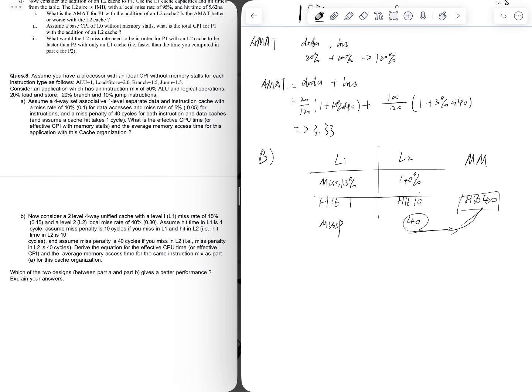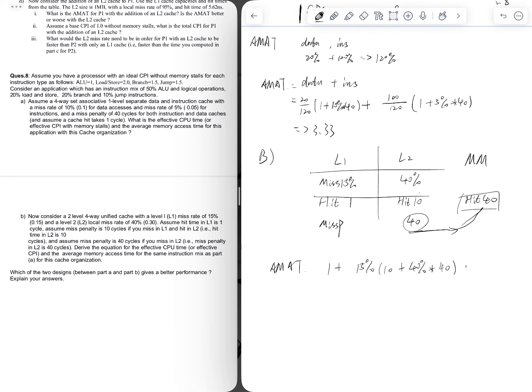So now let's talk about the AMAT. The hit will be 1, and the miss is 15%, miss in L1, and the hit is 10 cycles for L2, plus 40% is miss in L2, with a hit in the main memory, or the miss penalty in L2.